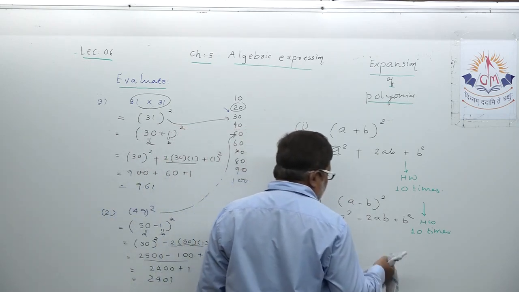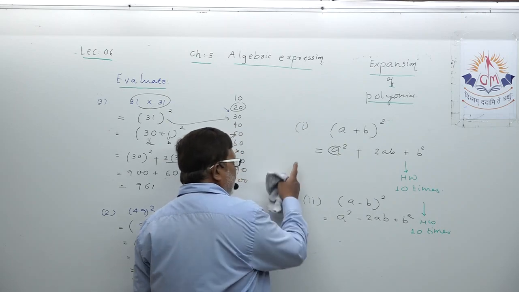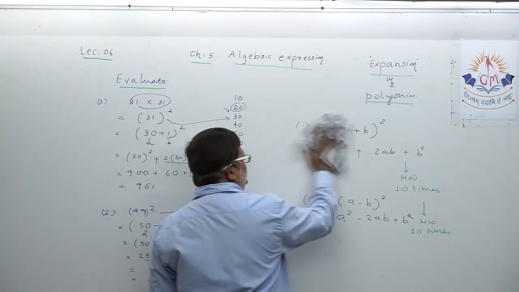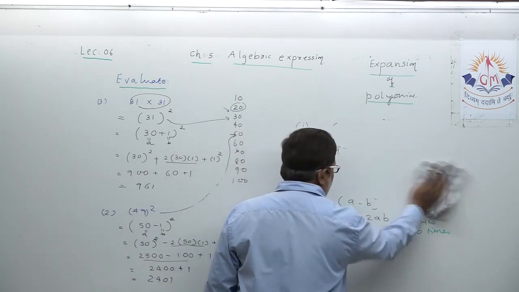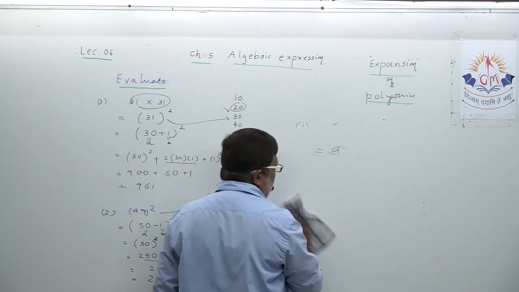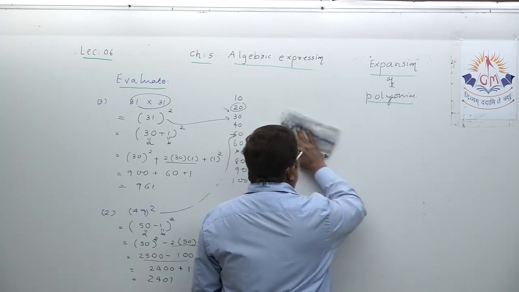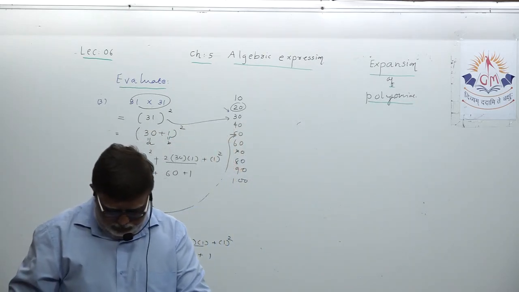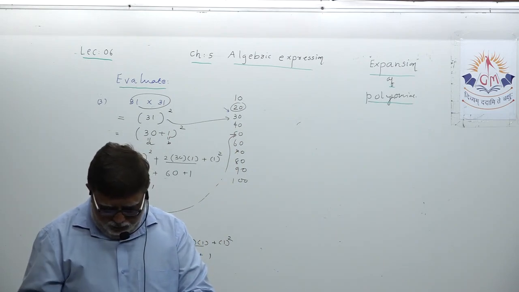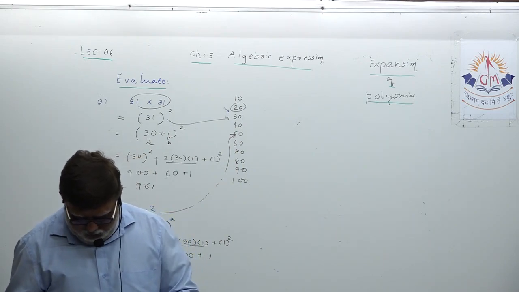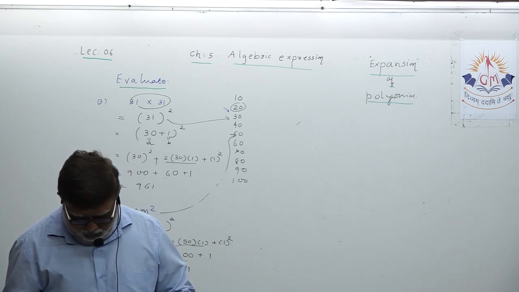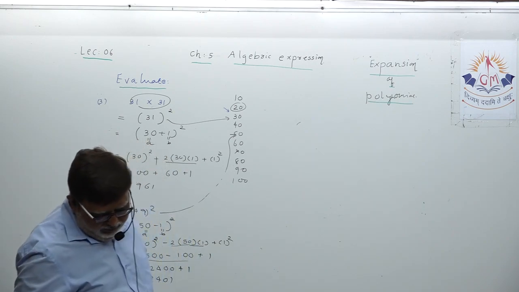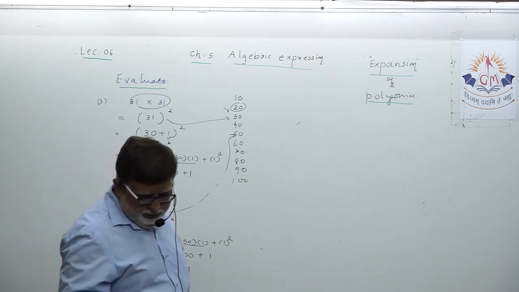Now, before I write the homework for today's lecture, this homework is already there, both identities to be written 10 times, and the next homework for today's lecture is this. What you have to do? You have to do example 11, 12, 13.